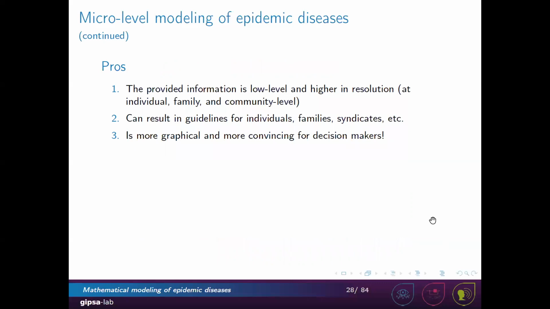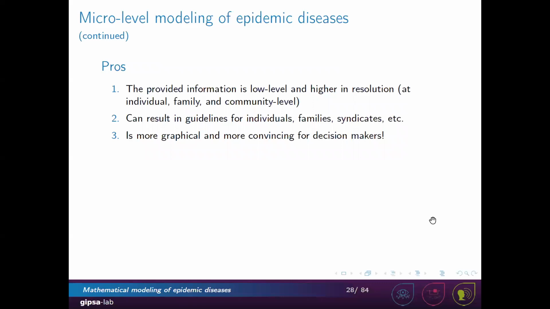What are the advantages of this second approach? The good point about micro level modeling is that it provides low level and high resolution information about the individuals in a society. For instance, we can figure out what each person should do, what people can do in their families, in community levels, in certain jobs or at school.